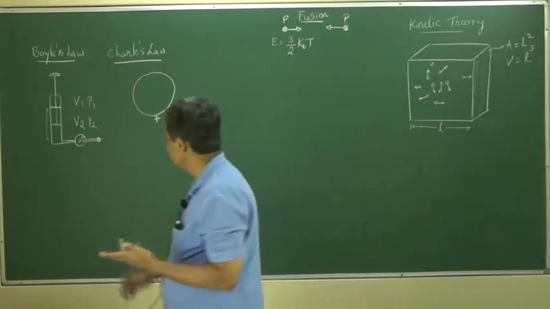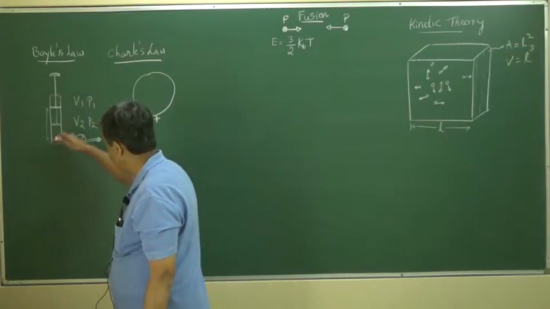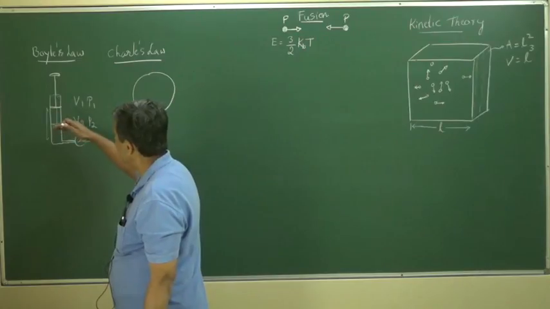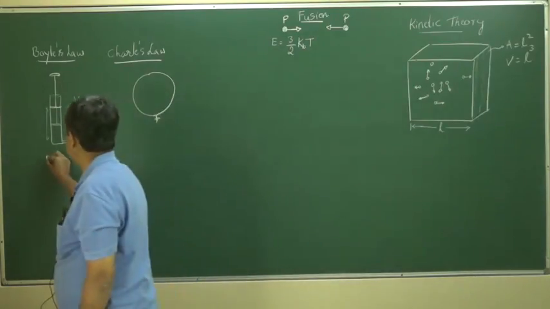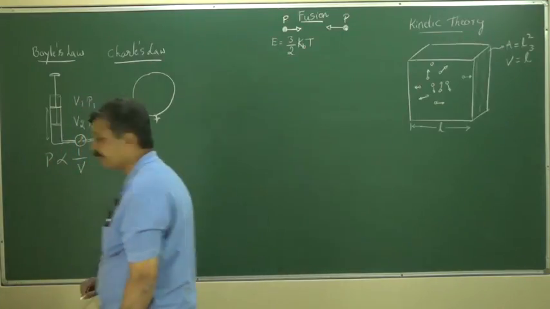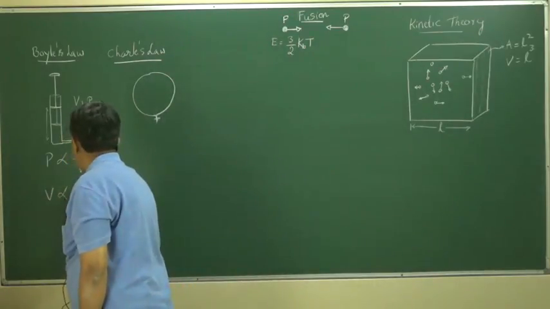So what really happens is, whenever I decrease the volume, pressure will increase, and when I increase the volume, pressure will decrease. So I would say basically the pressure is in a way inversely proportional to volume, or we can even write it as volume is inversely proportional to pressure.